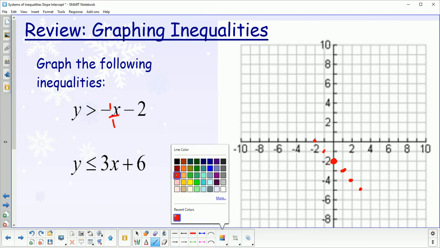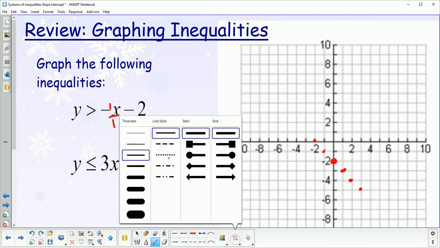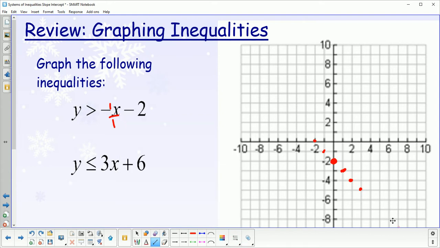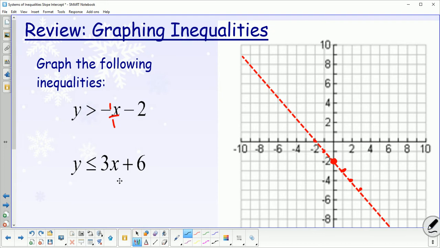And something to keep in mind here too, I want to do a dotted line, or dashed line, because we are not including the line. And we don't include the line, remember, because we have just less than here. Okay, the next one then I'm going to do in black. I need to start at 6.